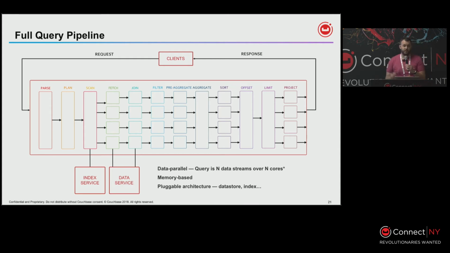Then we have to potentially sort all of this data if it is not already being returned from the index in an appropriately sorted manner. We would need to sort those. Lastly, applying any offsets or limits to that given query. And then we have our final projection, which is then sent back to the client.